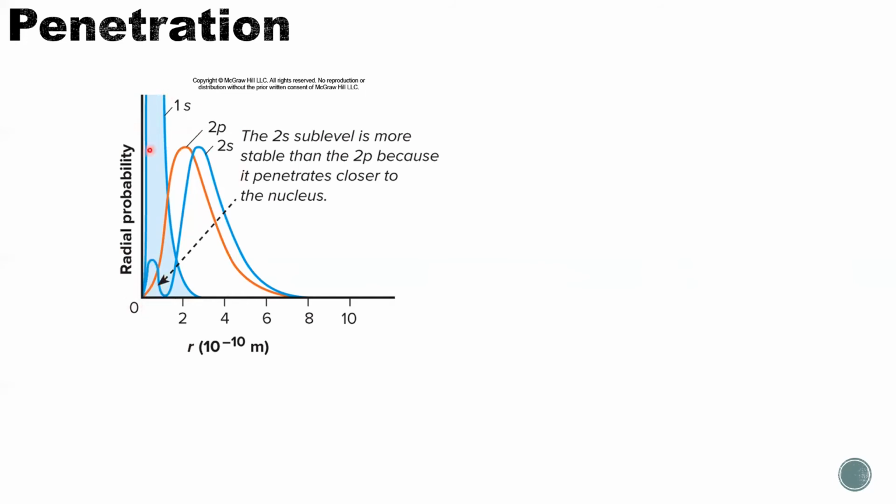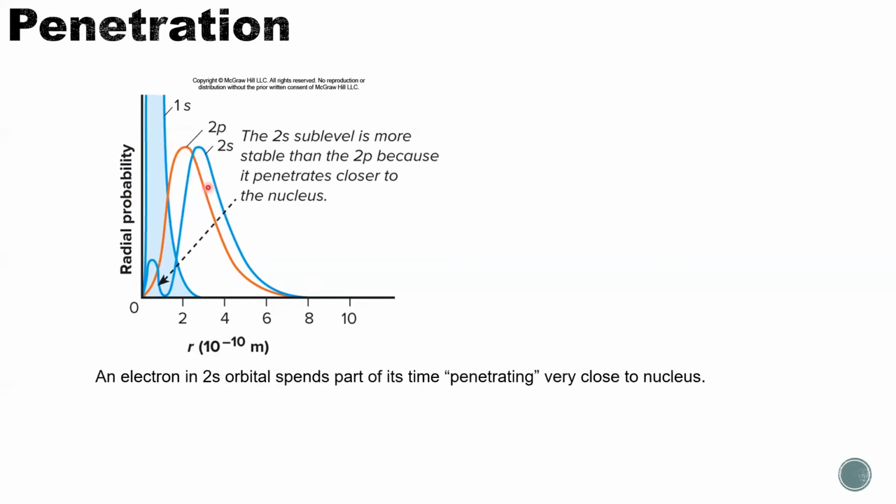So in this diagram, the 2s has 2 peaks, while the 2p orbital has only 1 peak, and the major peak of the 2p orbital sits in between the peaks of the 2s orbital.